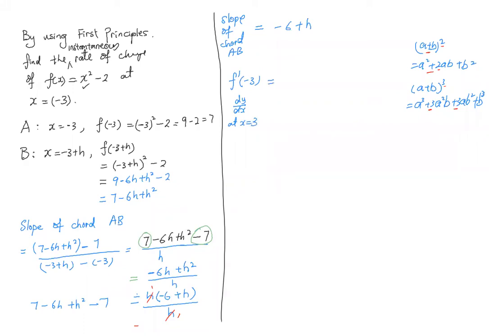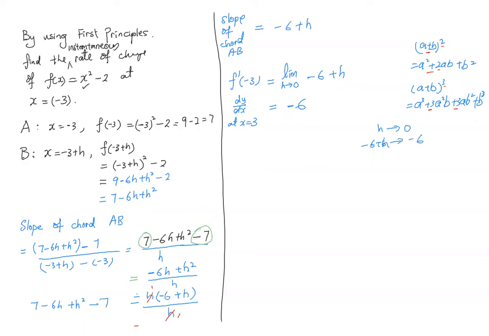So I have to write limit, that means when my h approaches 0. So what happened to the slope of the chord? As h approaches 0, negative 6 plus h approaches negative 6.